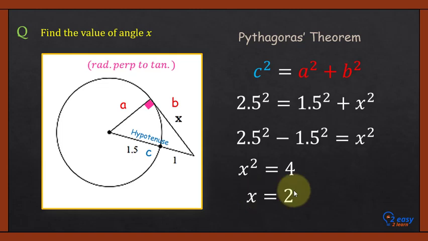So x is equal to 2 units. So here in this question, trigonometry is applied, and the angle properties of circle is applied. When you get the question in examination, you always get mixed topics. So that's why there are two topics, trigonometry and circle properties, involved to solve this question.